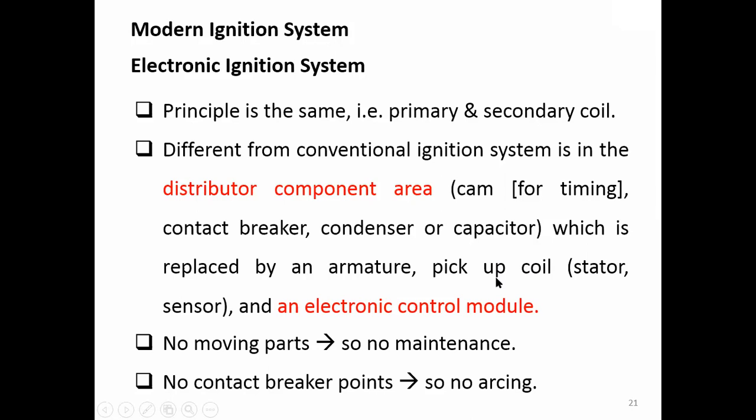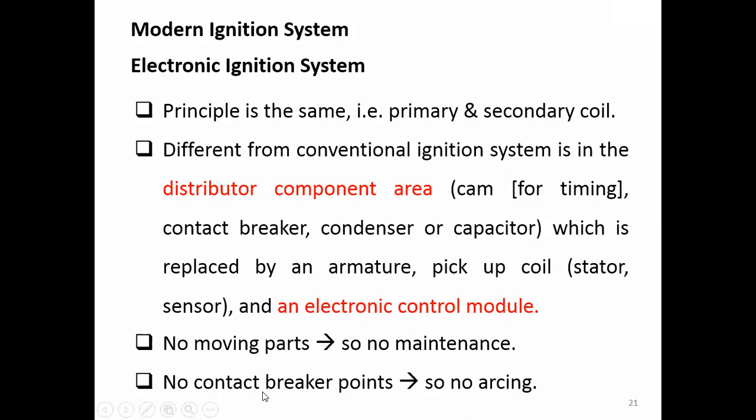The pickup coil is a stator and the sensor. And the heart of the system is here, the electronic control module, ECM. So since we don't have the cam or the contact breakers, this system has no moving part and no need for maintenance.